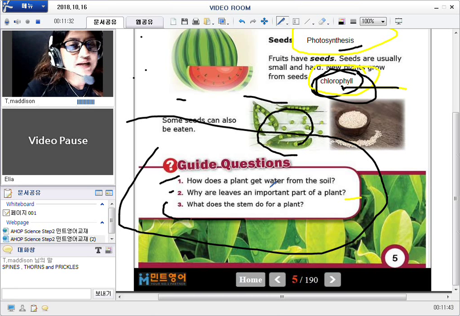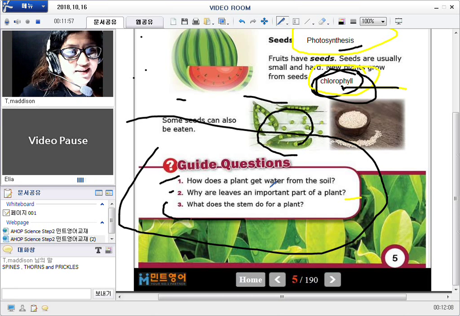So if I were to ask you, Elia, why are leaves more important than other parts of the plants? How would you answer that? It's too difficult. There is a certain substance which is in the leaves. Very good.